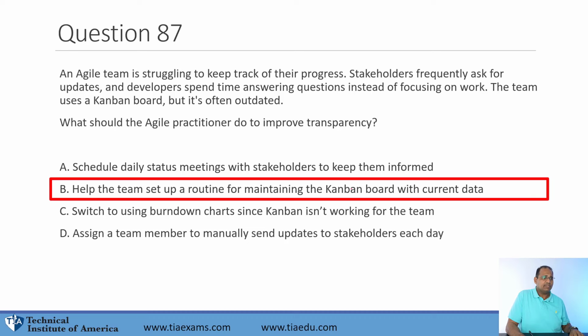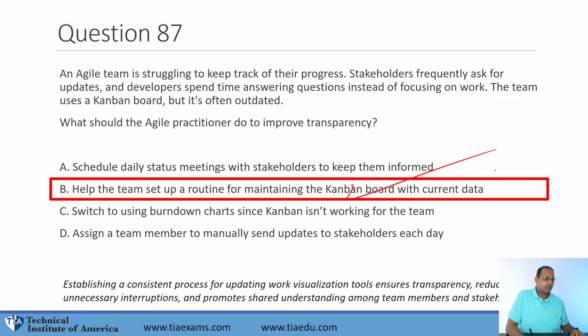Best answer here, guys, is to keep your Kanban board updated. We should have a process in place for keeping our Kanban boards updated. Okay, scheduling a status meeting with stakeholders to keep them informed, this here may or may not give them the tools that they need or the updates that they're looking for. Notice they're frequently asking for updates.